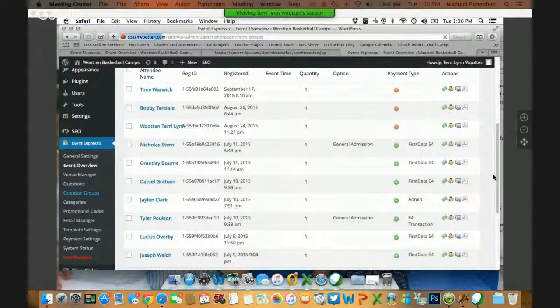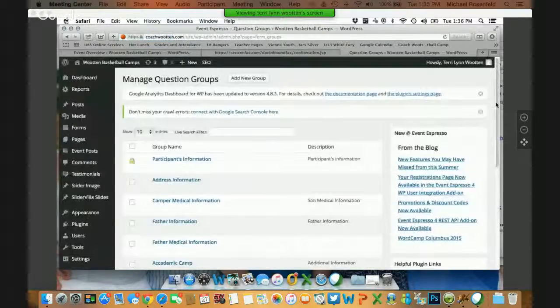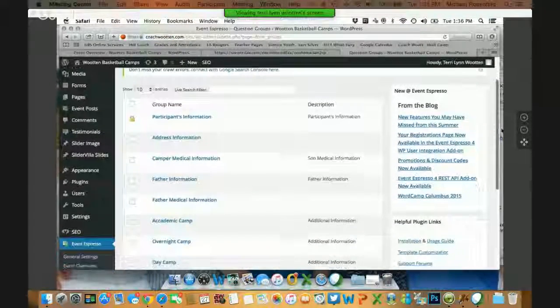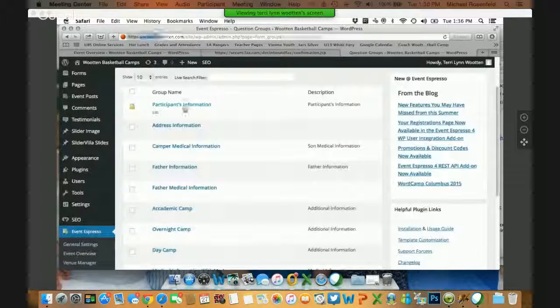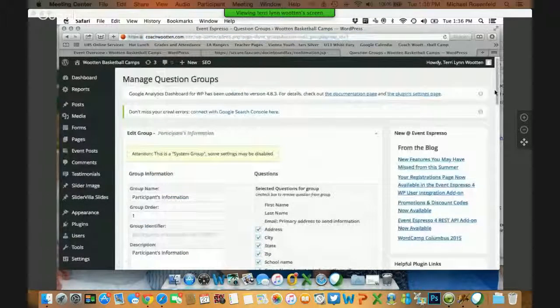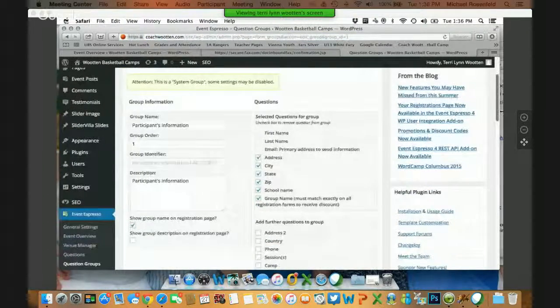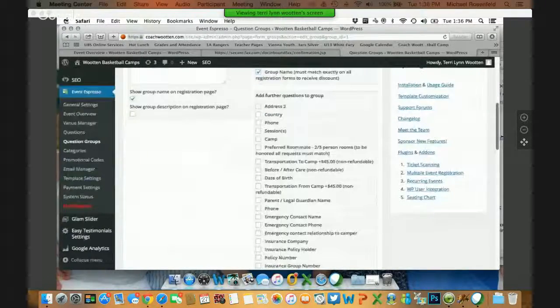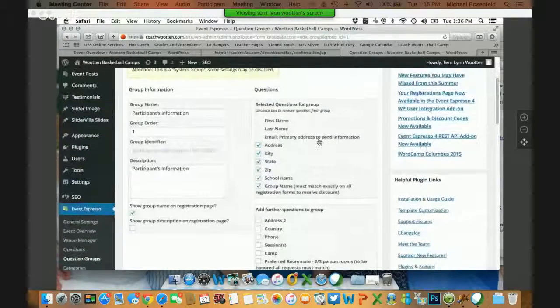All of the questions are under this thing called question groups, and participant information is pretty much a must. If you can look and see, these are the fields that we have to have in our camp. That's a lot for every camp that we run.